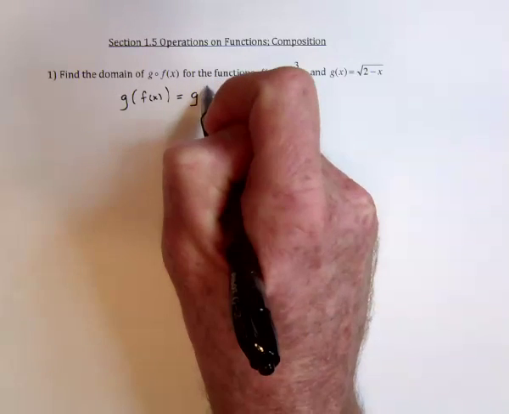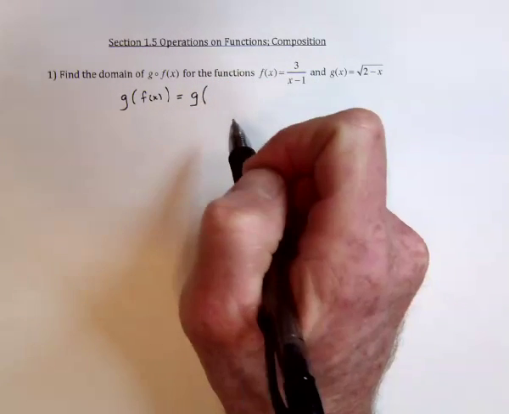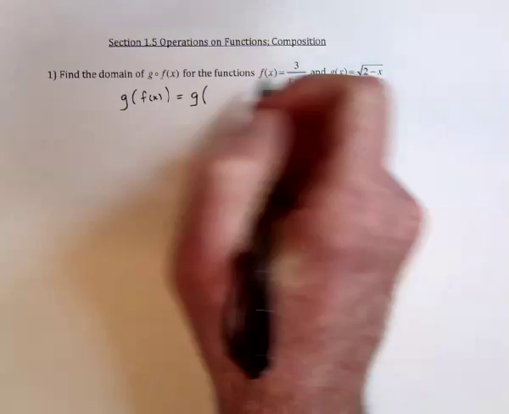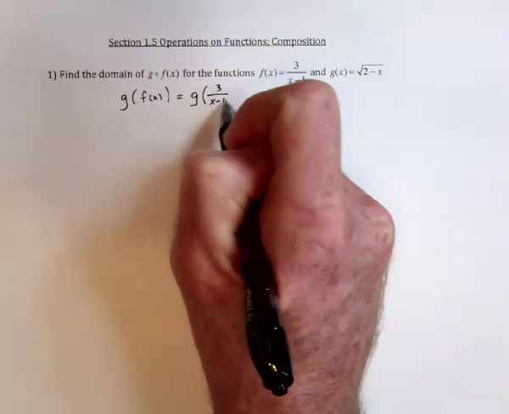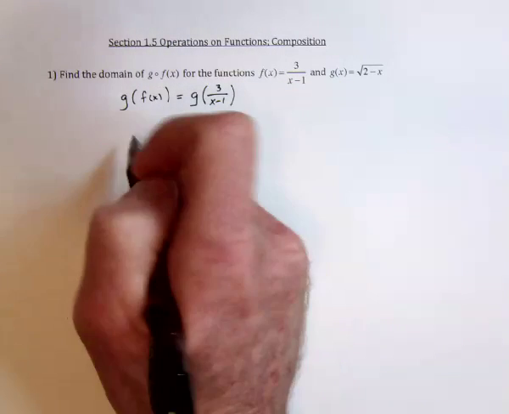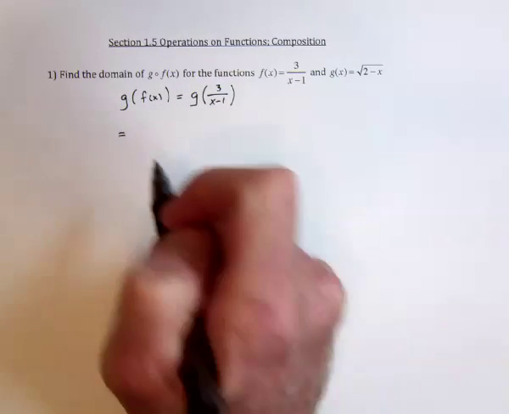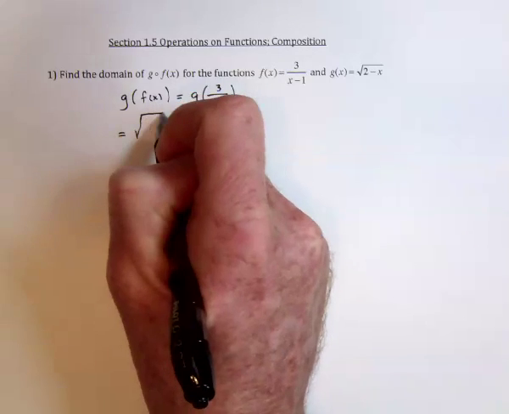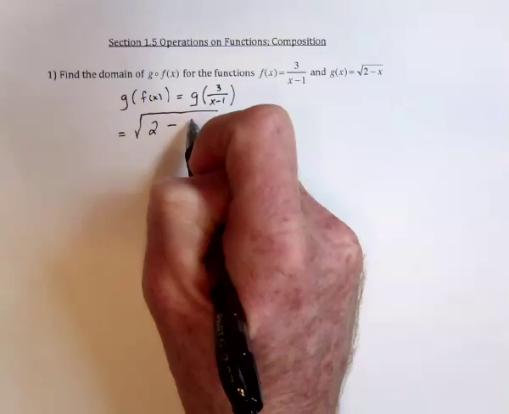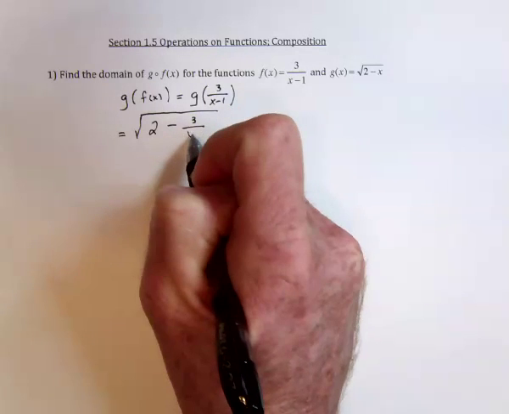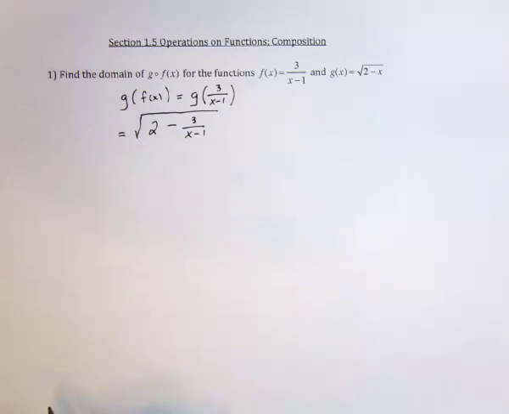Or if I do it in steps, the g function goes last: find out what the f function is, which is the fraction 3 divided by x minus 1, and then substitute that into the g function, which says the square root of 2 minus the fraction 3 over x minus 1.